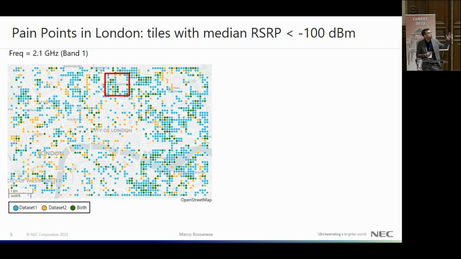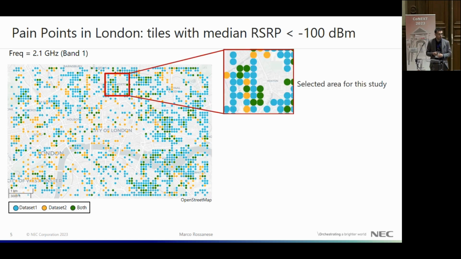This threshold is minus 100 dBm, and there are plenty of such spots in the city. But we found a neighborhood called Hoxton where there are several pain points, although there are already 9 or 10 base stations split into 2 cell sites. So this is a good candidate to concentrate our efforts.